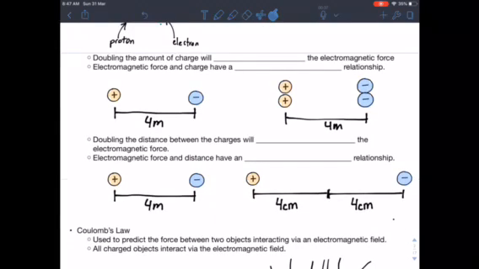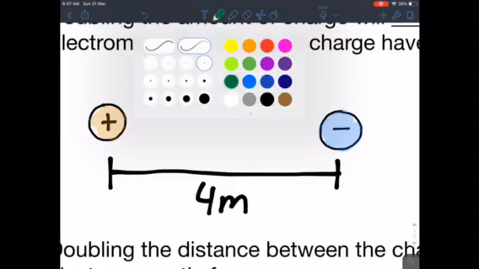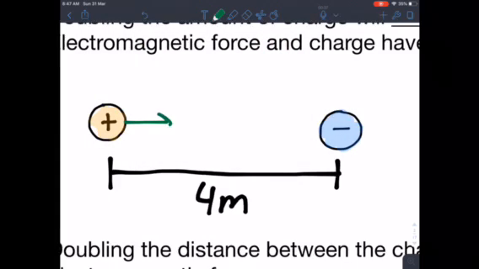If we start to change the charges, we start to see relationships between the strengths of those forces. And it's the strength of those forces and those relationships that we're really concerned about. So in this situation, we've got a proton and electron. They are going to attract. So I'm going to draw a force on each one in green, pulling them together.